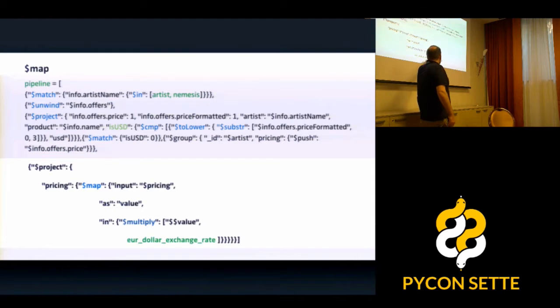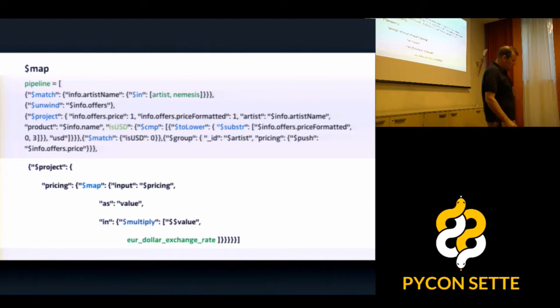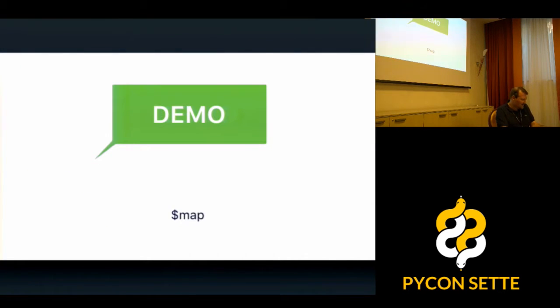So I've put the dollar exchange rate in a variable, and we also have a grouping: an artist, and then a list with all the prices lined up. Our map function takes the price and applies our function to each and every element of the array. This is basically a multiplication of the value we get from the array by the exchange rate value. Let's jump to the demo.